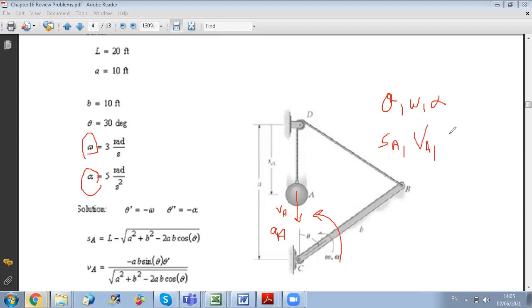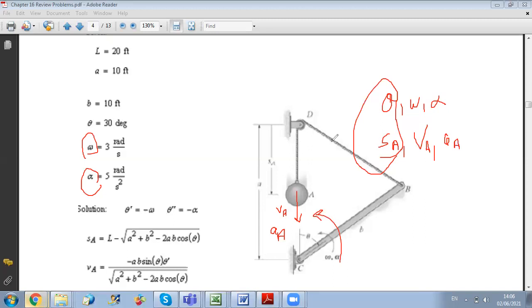Of course, this will be possible by first relating SA to theta. So the first step in such problems is to find the geometrical relation between SA and theta. Once I have it, all I have to do is derive. I derive the first time, I get VA as a function of my parameters. I derive a second time, I get AA as a function of my parameters.